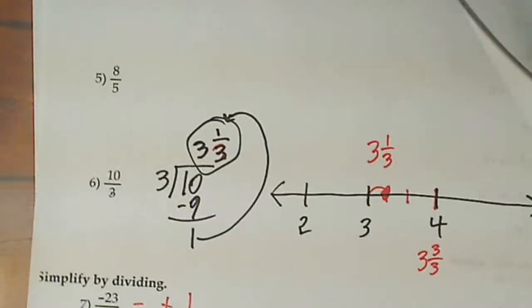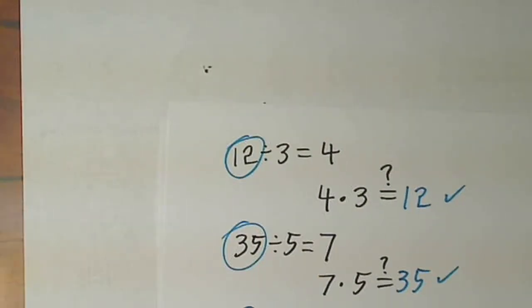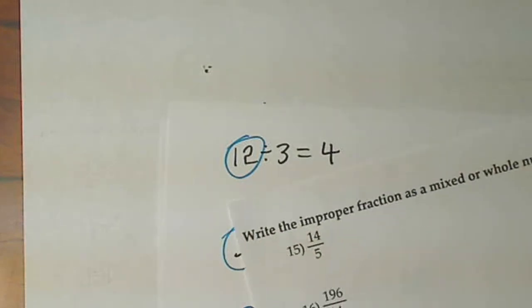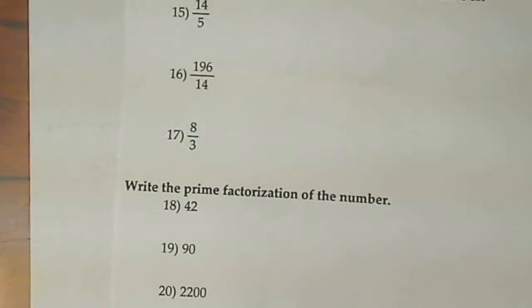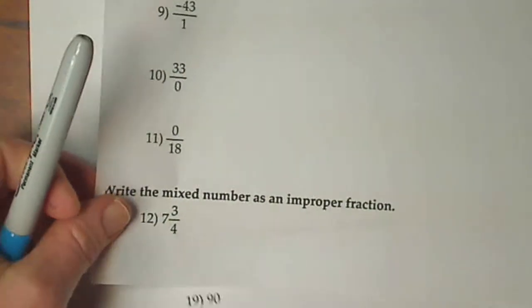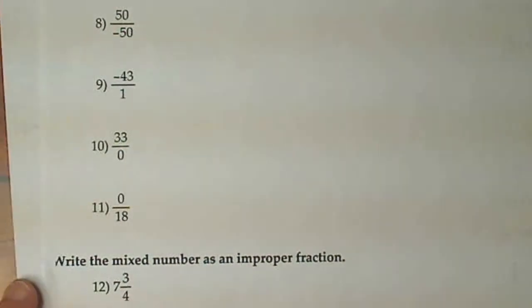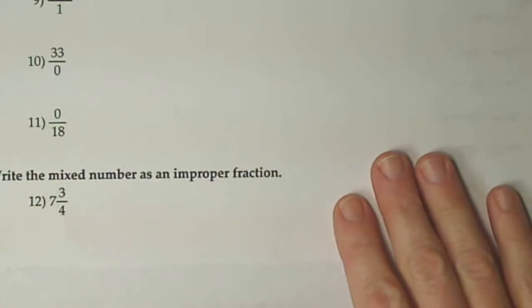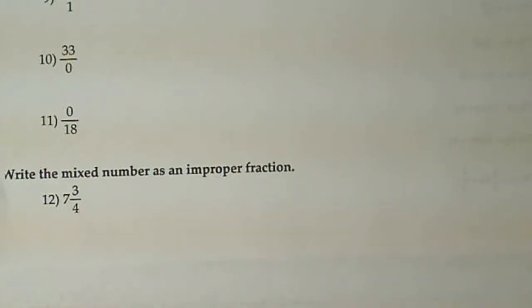Let's take a look at some of the next ones we'll do here. I should do number 12, so let's get number 12 in here. And we'll have to zoom in a little bit.